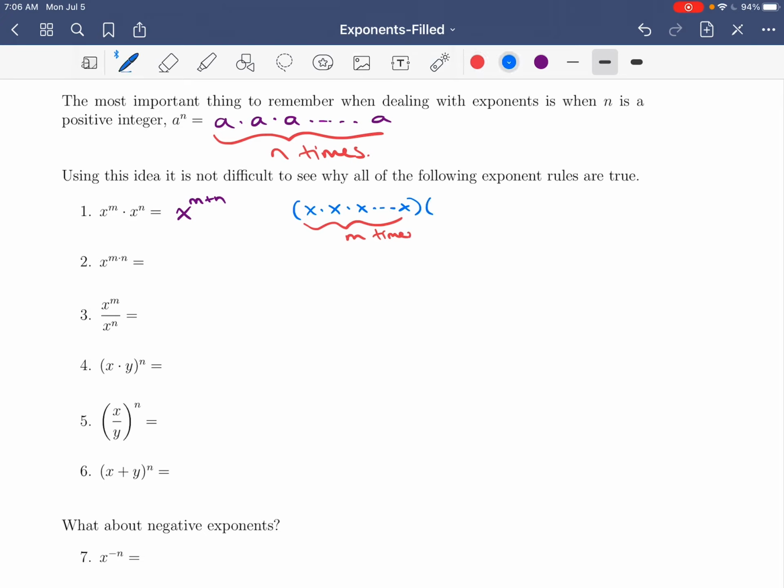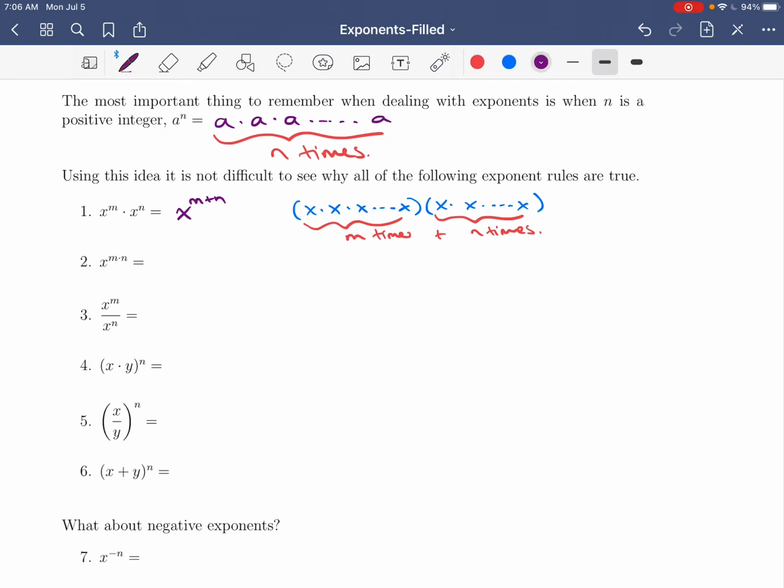And then I have again x times x, n times. So in total, there's going to be m of them plus n of them. Okay, so that's why I have m plus n as the exponent.